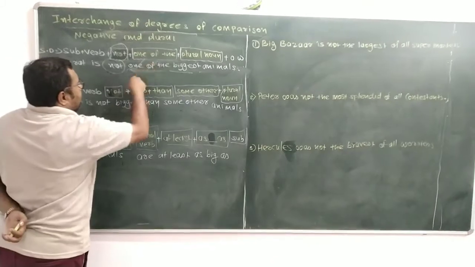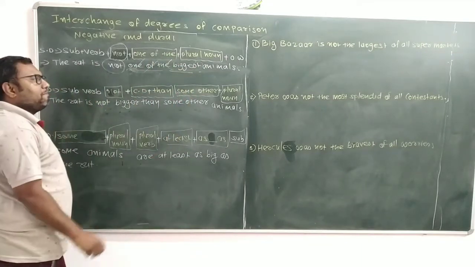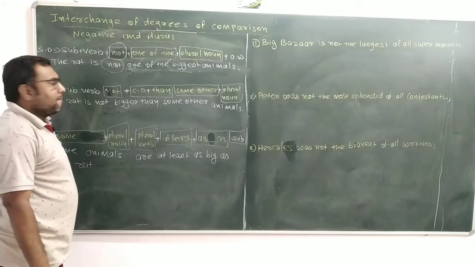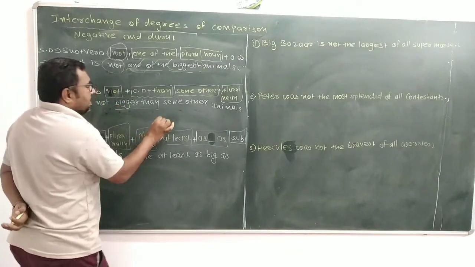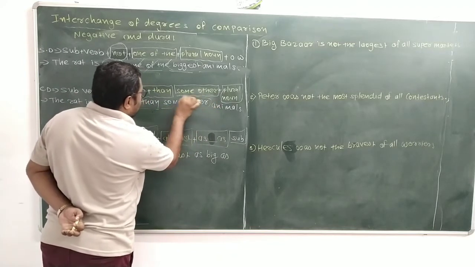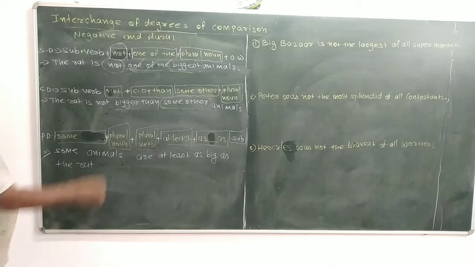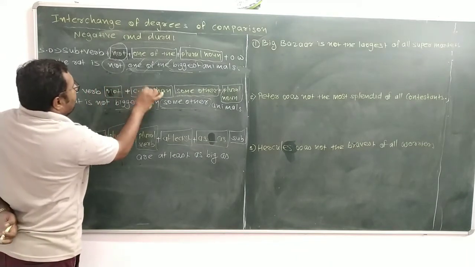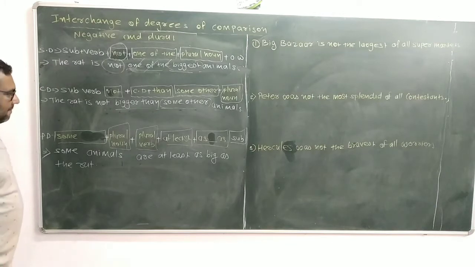We remove the same thing, one of the. Here biggest, what is the comparative degree of biggest? Bigger. The rat is not bigger than some other animals.